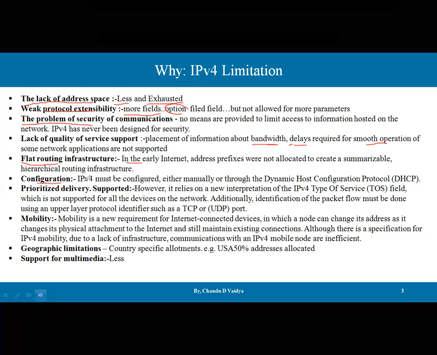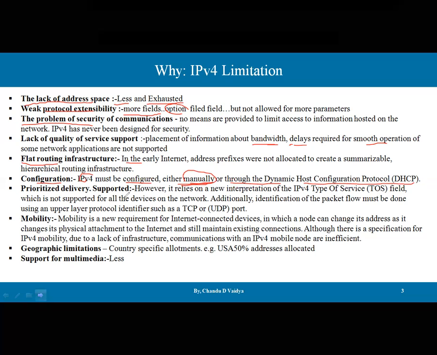Configuration: if we talk about IP version 4, guys, it must be configured either manually or through DHCP. But in IP version 6, it is done automatically. Manual configuration is very tedious work for the system administrator, each time we have to work it out. DHCP is also there, which is a good thing, but still it is quite complicated.